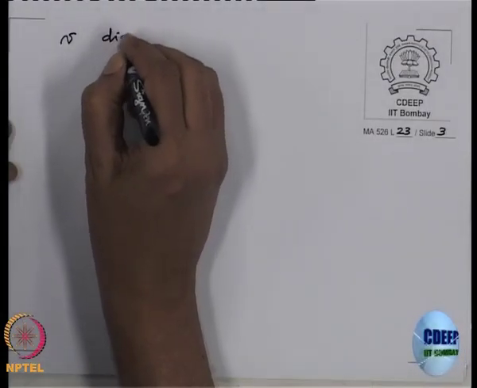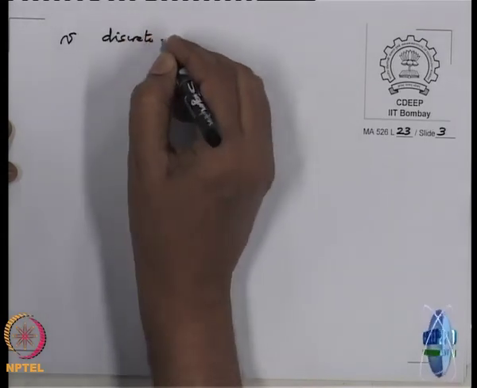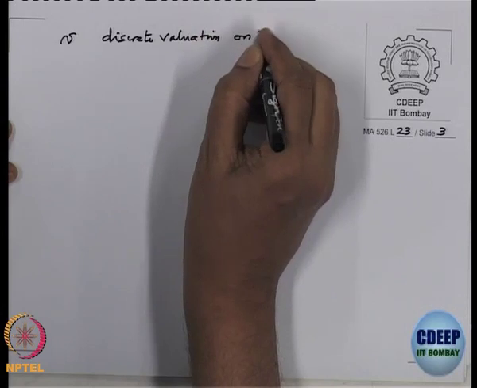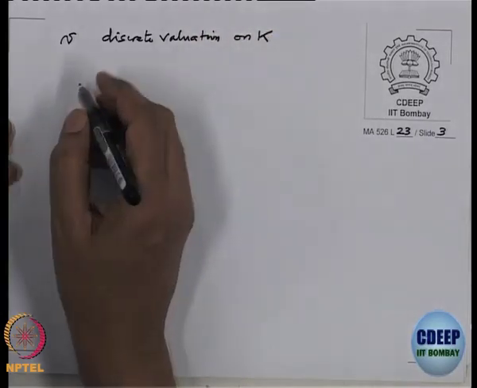Okay, so a little bit of notation. For each discrete valuation V on K, we define RV.